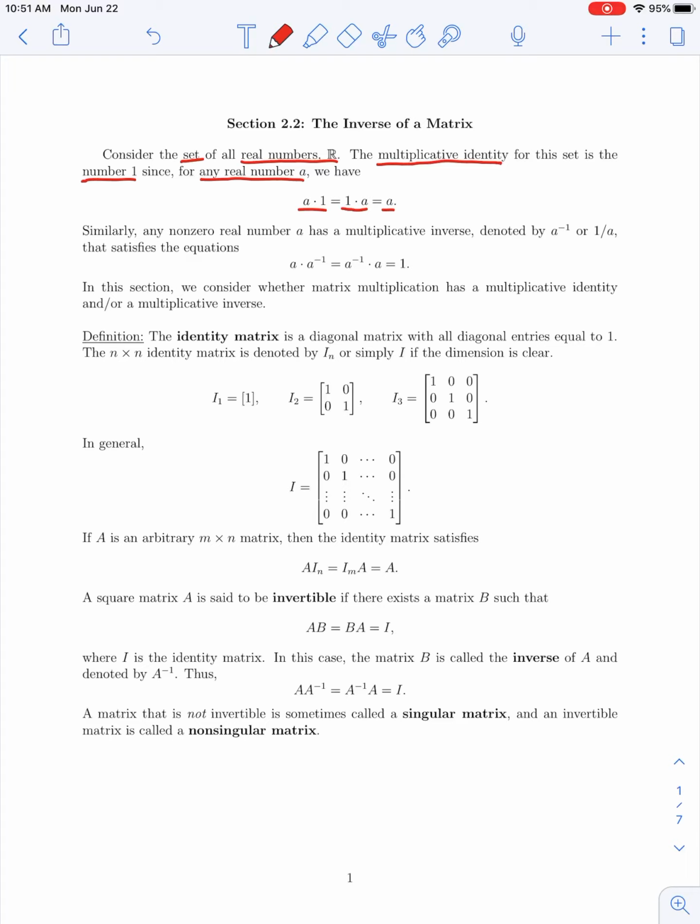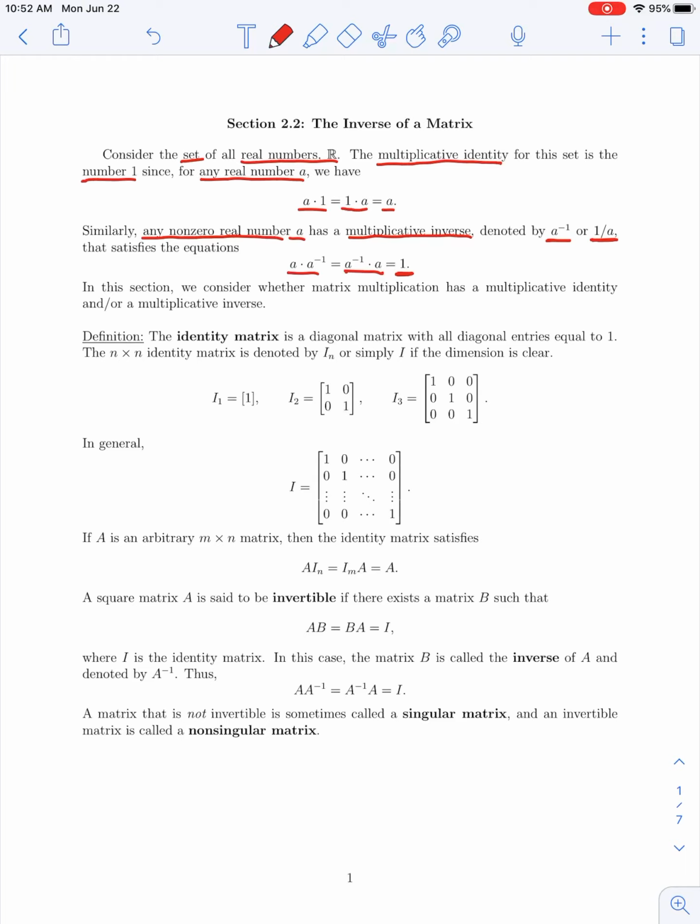Now, we can introduce the idea of a multiplicative inverse once we have that multiplicative identity element. So in particular, for any non-zero real number, let's call it A, we have something called a multiplicative inverse, which is usually denoted as A inverse, or 1 over A. And this multiplicative inverse satisfies the following equations: A times its inverse, or A inverse times A, is equal to 1.